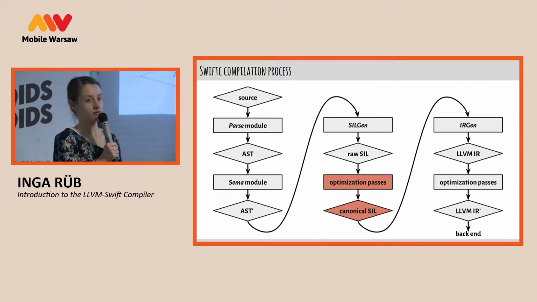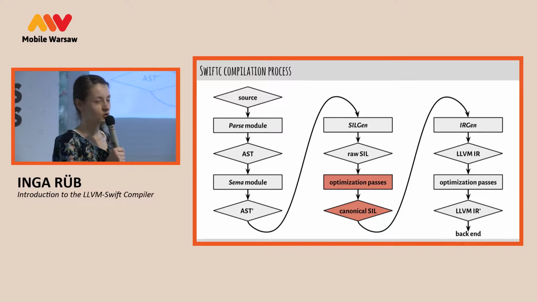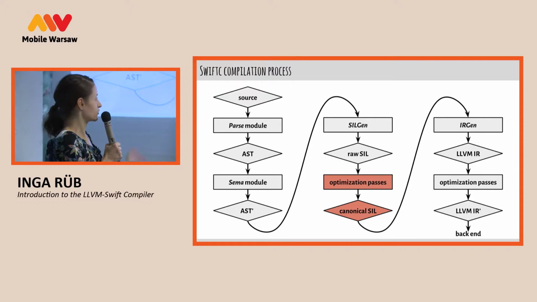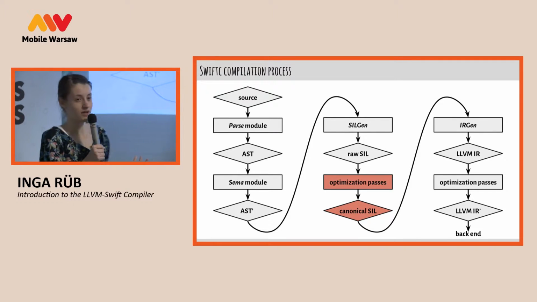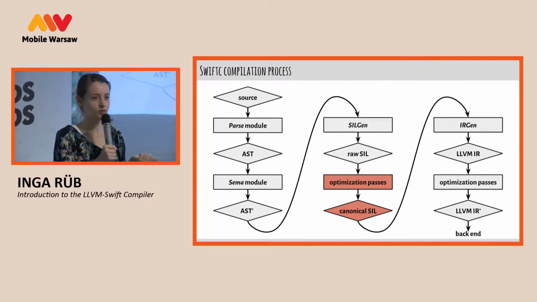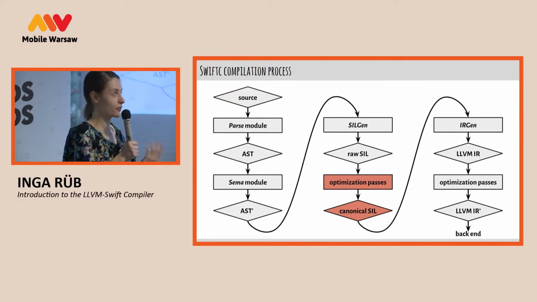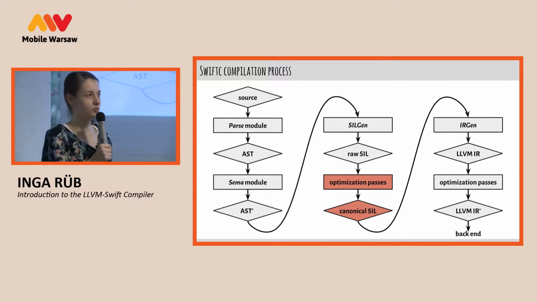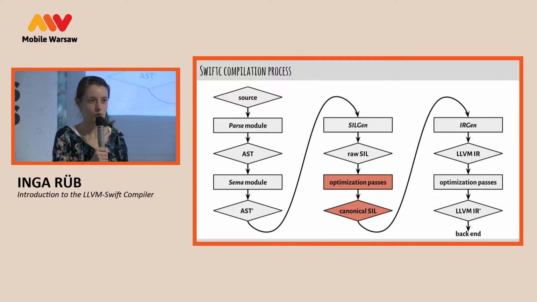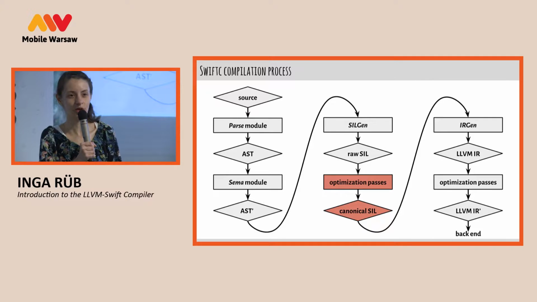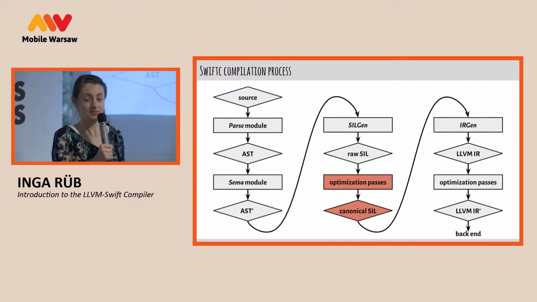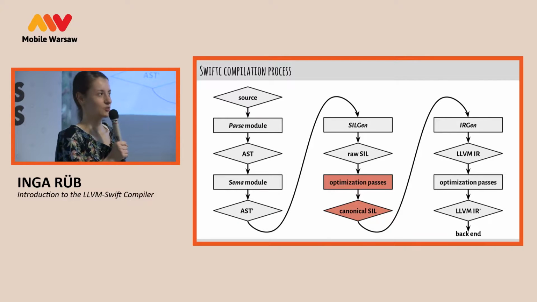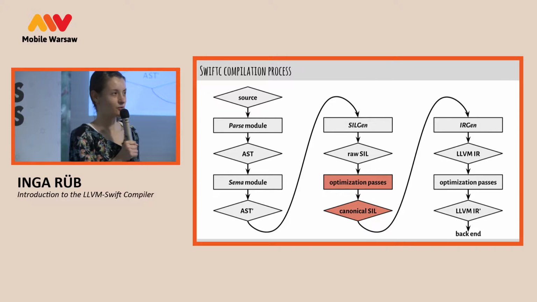This is great news for us, because we can retrieve information about raw SIL and about canonical SIL, and we can observe how our code was transformed and which optimizations were applied. We can observe changes in our code and adjust it so that it is much more efficient.